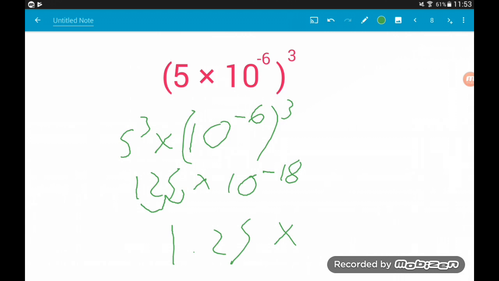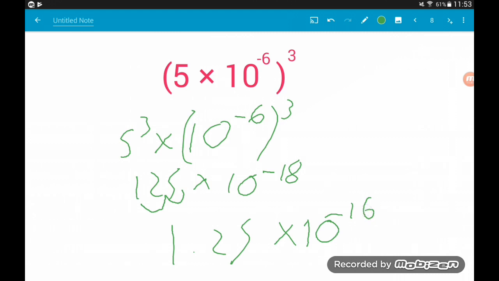So if we've divided that number by 2 powers of 10, then to account for it, we have to multiply the 10 term by 2 powers of 10. So the power of minus 18 has to increase by 2 powers of 10 because we are multiplying it by 2 powers of 10. So that's going to go up to minus 16.